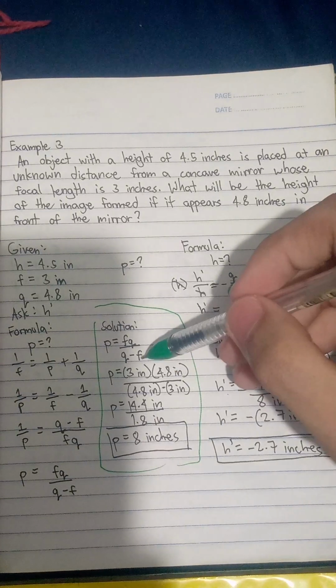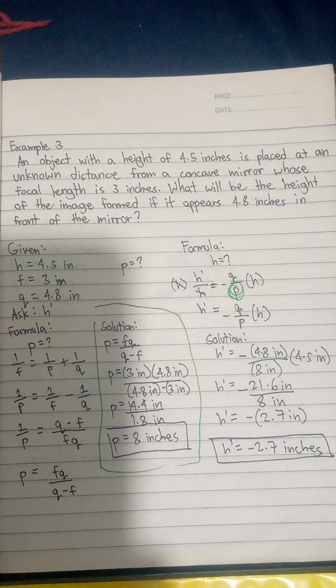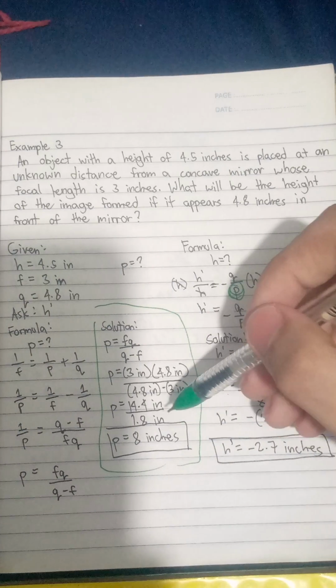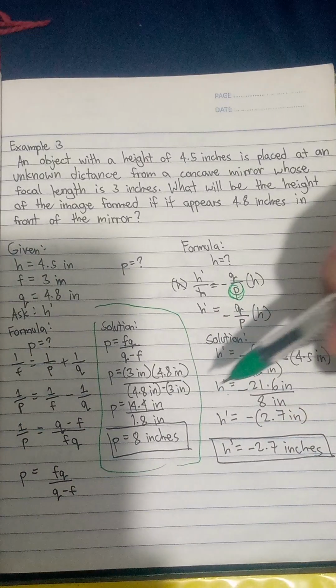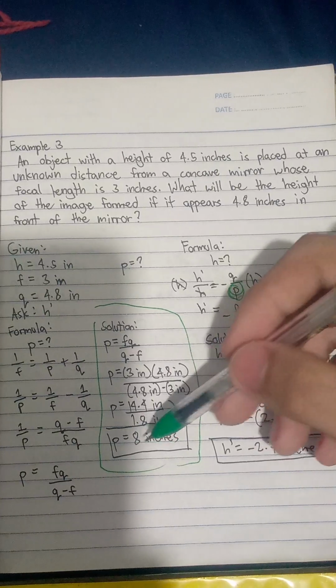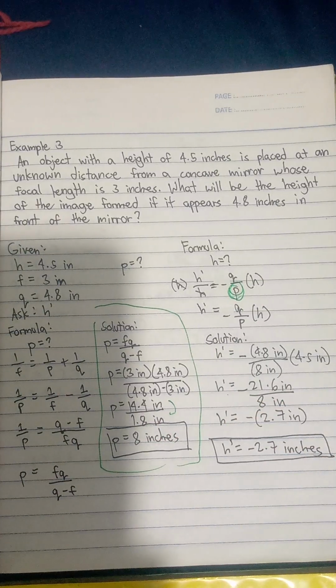Let's solve: the numerator is 14.4 inches, over 1.8 inches, and we divide them, and we get variable p equal to 8 inches.